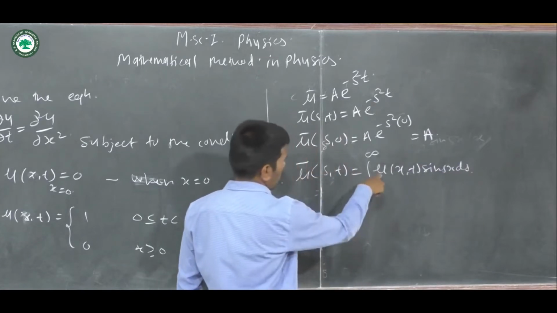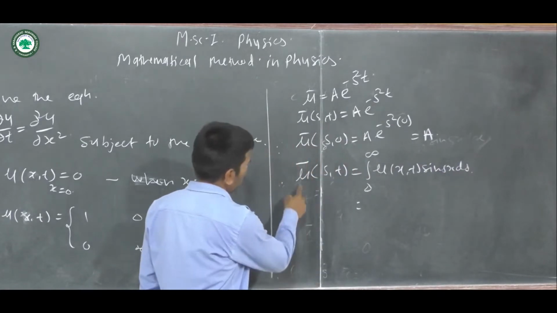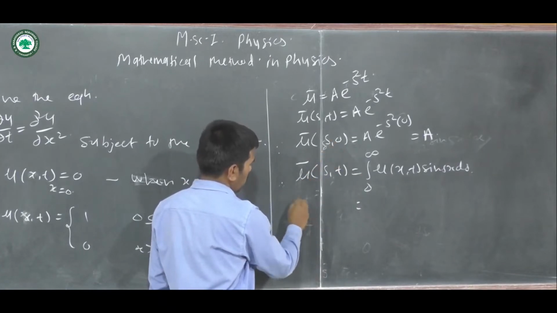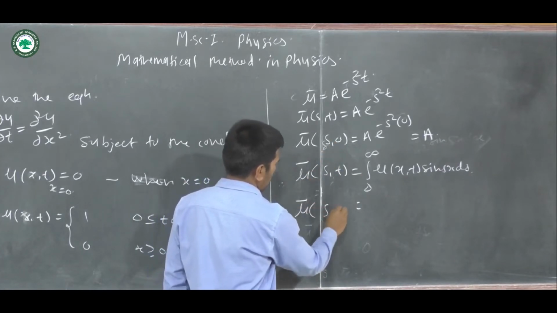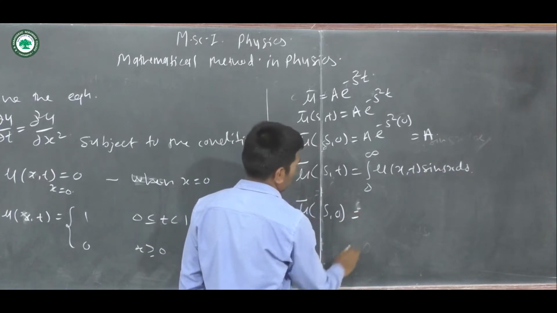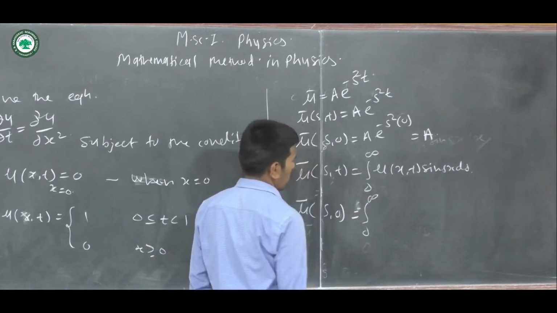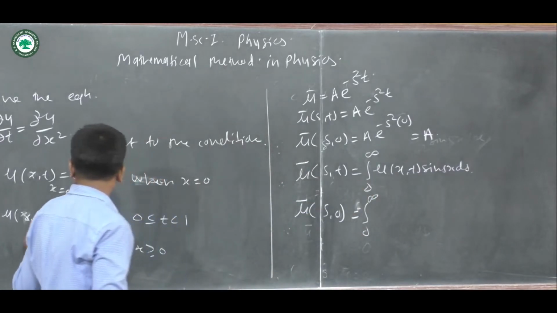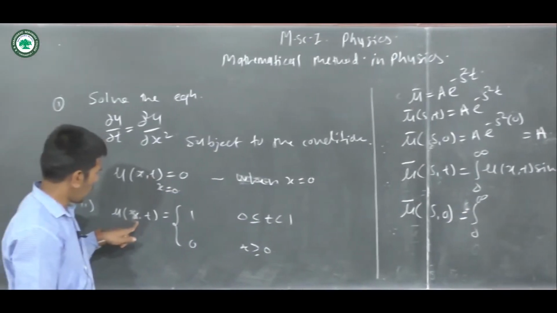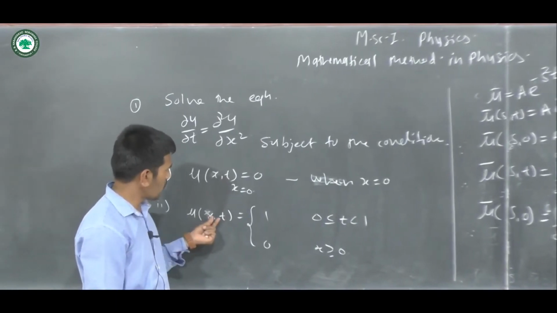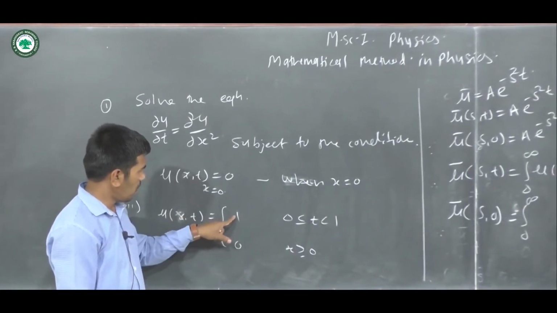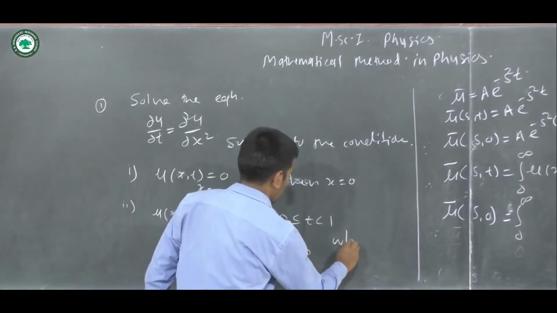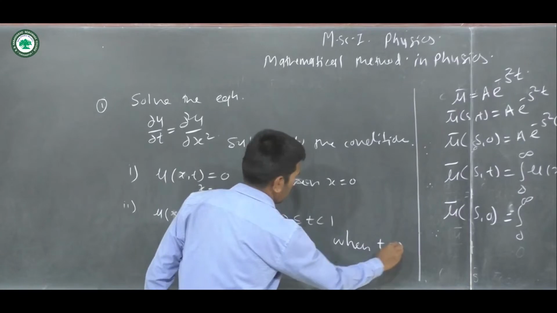So if you find ū at t = 0, it is the integral over 0 to infinity, and the second condition is given: u(x,t) = 1 and 0 when t = 0.